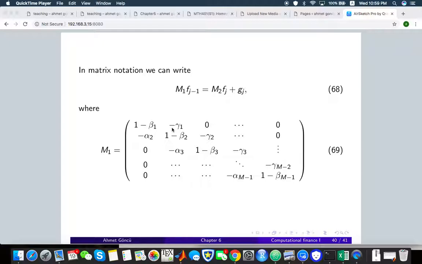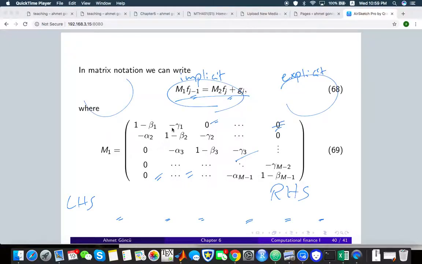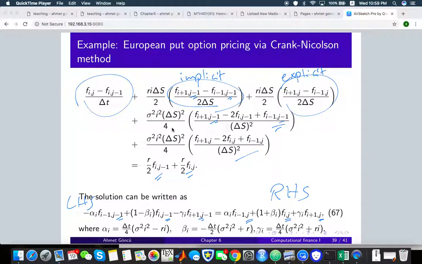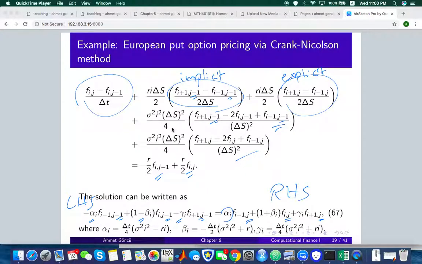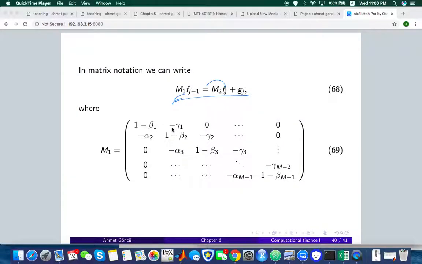Finally, you can again represent this as a system of equations using the matrix notation. This time we have two different tridiagonal matrices. The coefficients here go to the first tridiagonal matrix, which we represented as M1, and the second tridiagonal matrix contains the coefficients here, given in M2.